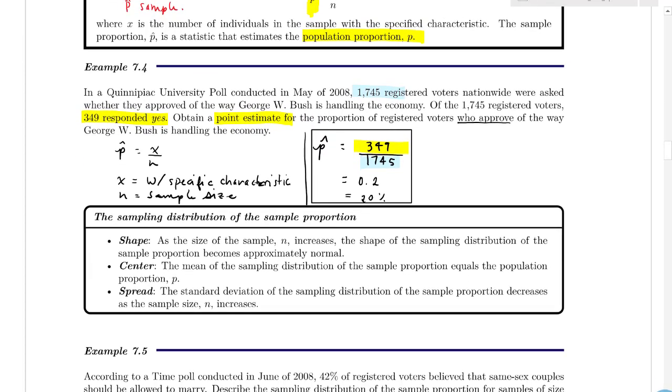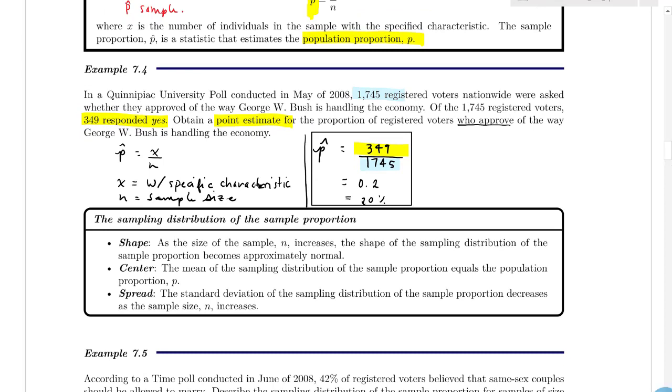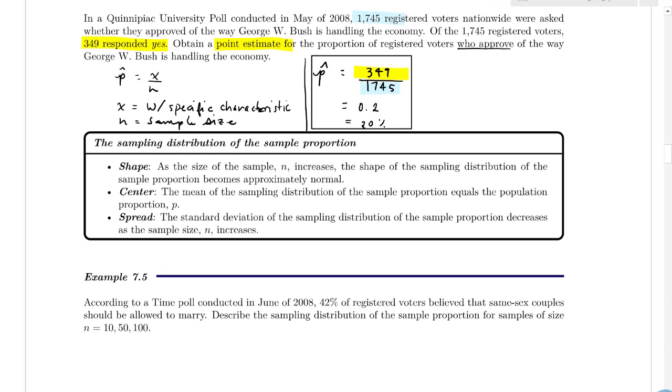Okay, so what do we know about proportions, since this is the first time we've seen it? Well, the sampling distribution of the sample proportion is pretty much the same as for averages, except we're doing proportions. So notice that it says if the sample size n increases, the shape of the sampling distribution becomes approximately normal. The center, where we used to put the mean, is now the population proportion.